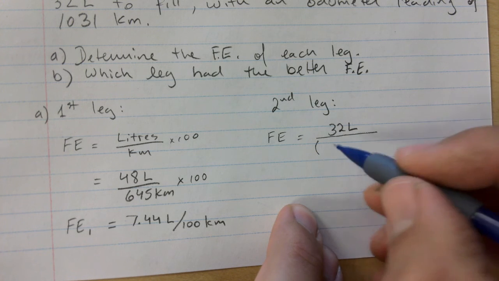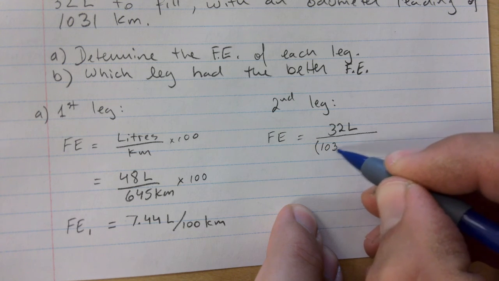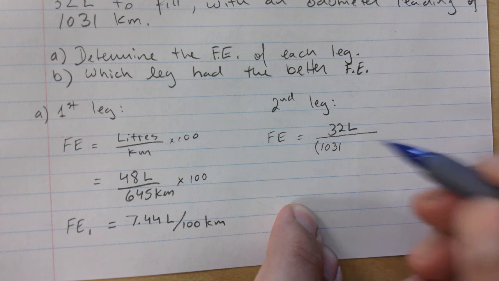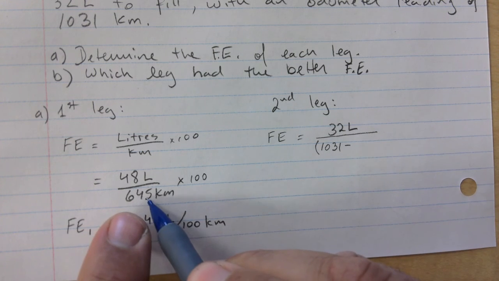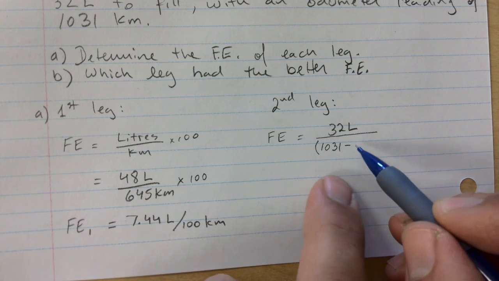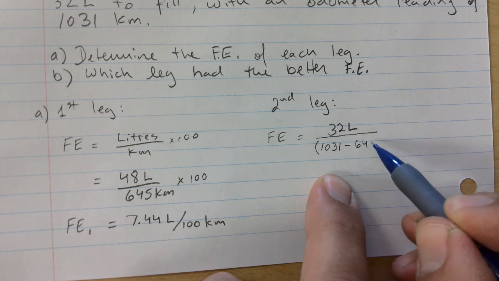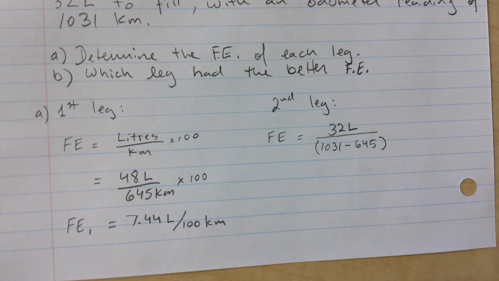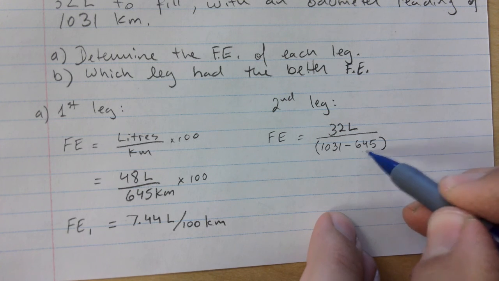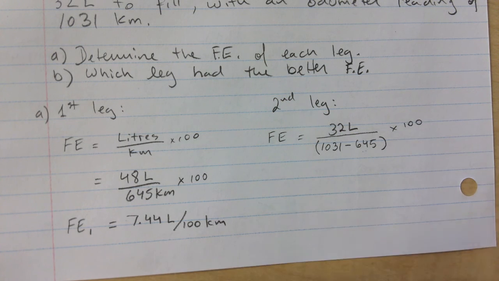Your odometer shows 1031, but when you fuel up, the reading you took at that point is the 645. So you need to subtract the 645 from your odometer reading to see the distance you drove since you last fueled up. You got to find that distance, so watch out for that.